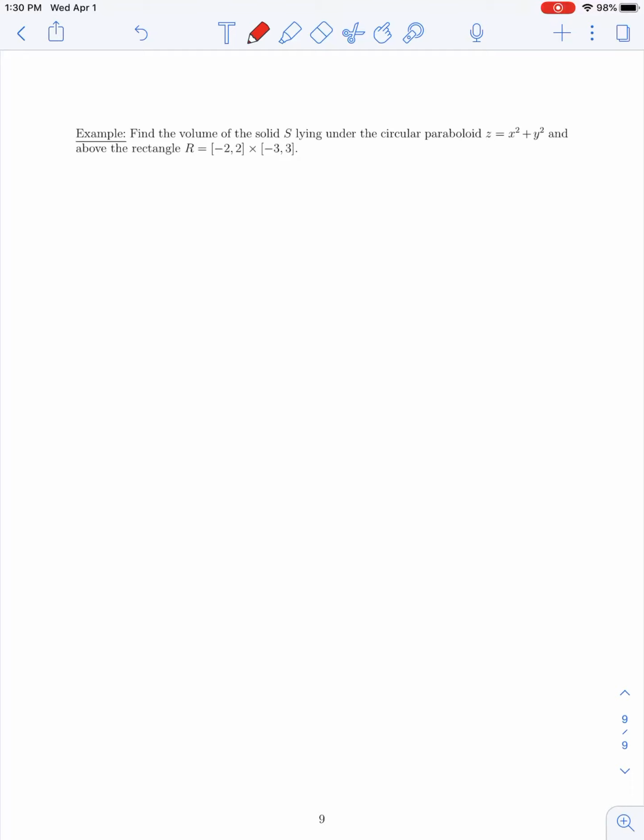Okay, so in our last example for this section, we are again asked to find the volume of the solid S, which lies underneath a circular paraboloid defined by z equals x squared plus y squared, and lies above the rectangle R, defined as -2 to 2 cross -3 to 3.